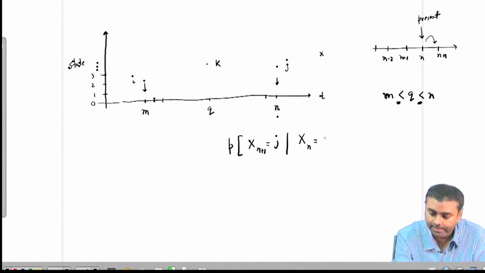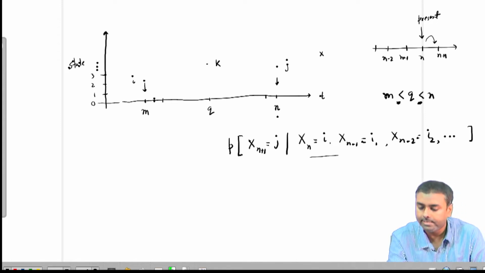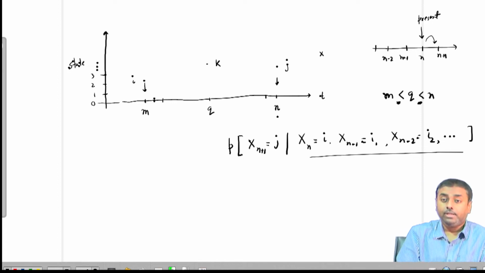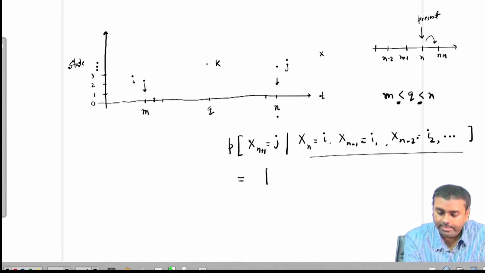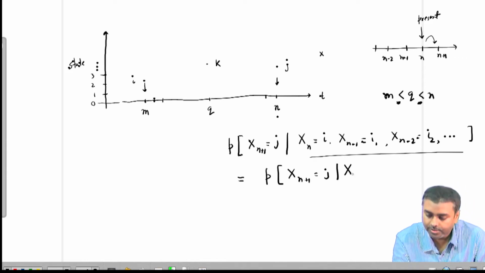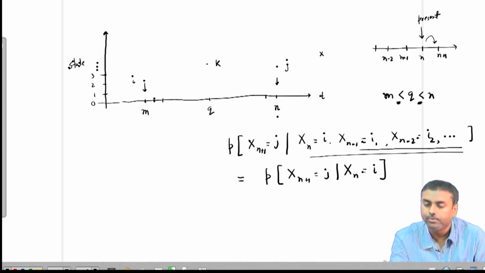Let us say at X_n I am in i, then at X_{n-1} I was in i1, then at X_{n-2} I was in i2, and so on. So, I know this entire history and the present. For a Markov property, this probability of state j at n plus 1, given this condition, only depends on where I am in the present, and it does not matter where it was earlier.